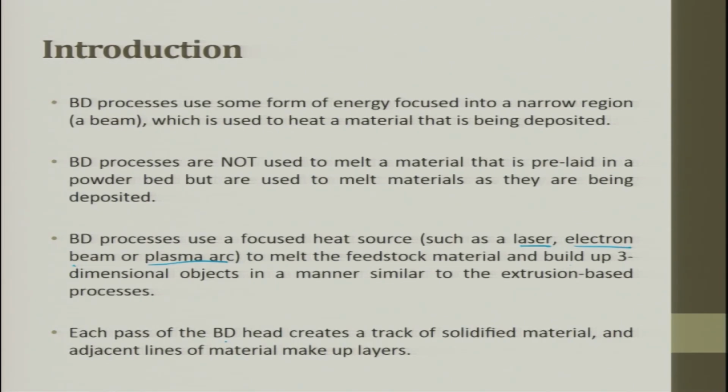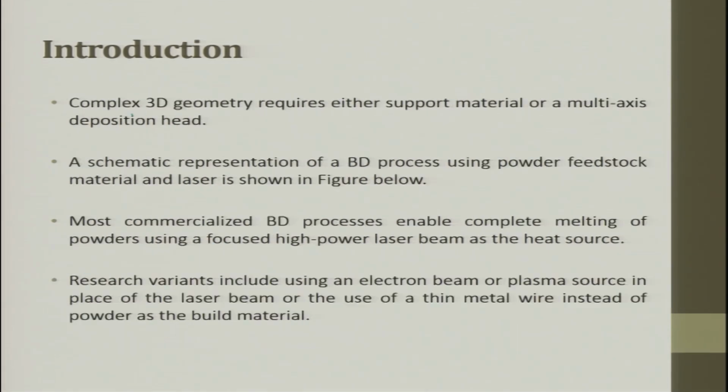Each pass of the beam delivery head creates a track of solidified material, and adjacent lines of material make up the layer. A complex 3D geometry requires either support material or a multi-axis deposition head. Supporting material is very important if you have free form or free hanging structures.